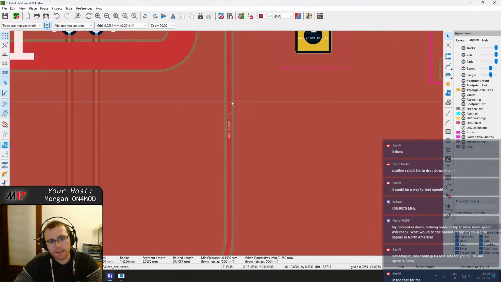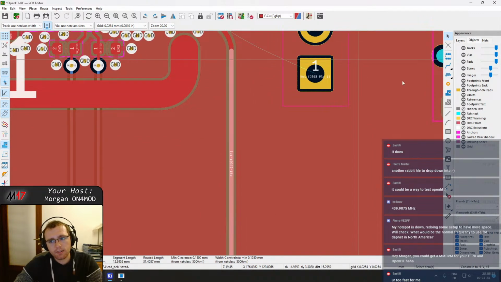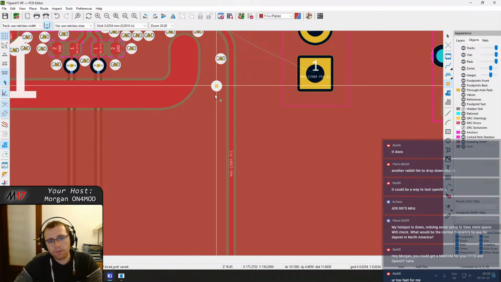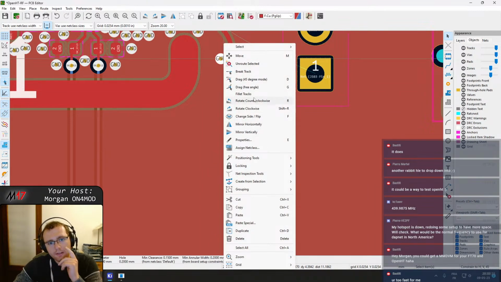Okay, so the thing is, I think I can have loads of vias and repeat a pattern, create a pattern with them.